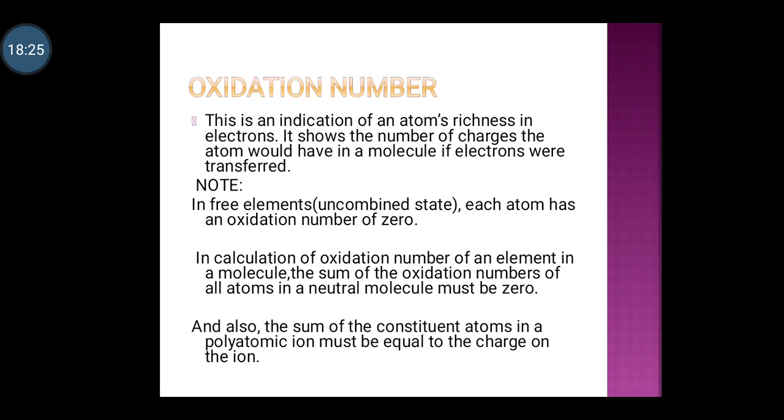An example is sulfate. Sulfate is SO4, so you have sulfur and oxygen. That's more than one element, so it's a polyatomic ion. And the charge is 2 minus. So if you're getting the oxidation number of any element in a polyatomic ion, equate it to the charge. If I have SO4 2 minus, to get the oxidation number of S will be S plus 4 times O equals minus 2 and not 0. That's what this means. I hope you got that.